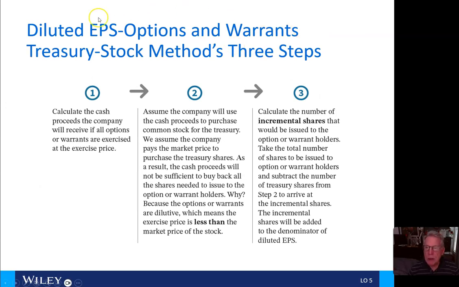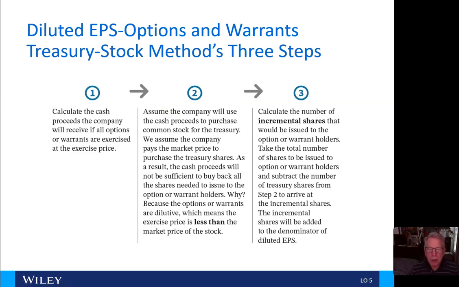If we look at these three steps using the treasury stock method, first we calculate the cash proceeds the company is going to receive if all the options or warrants are exercised at the exercise price. Second, we assume the company will use the cash proceeds to purchase common stock for the treasury.